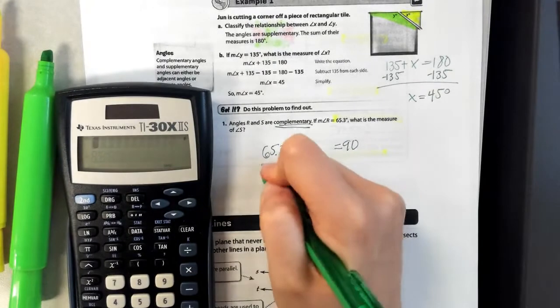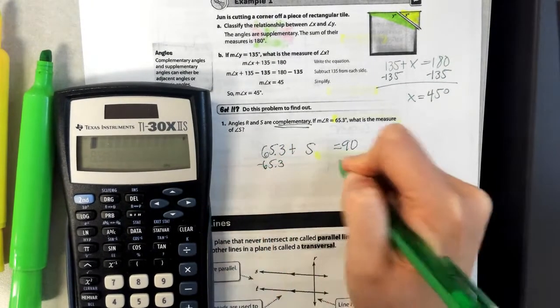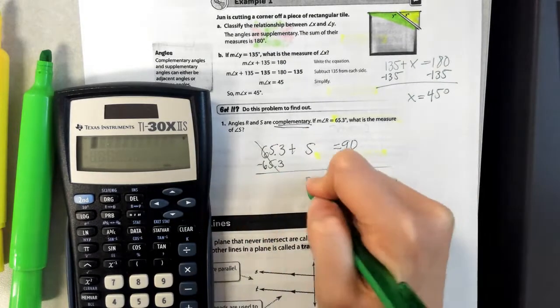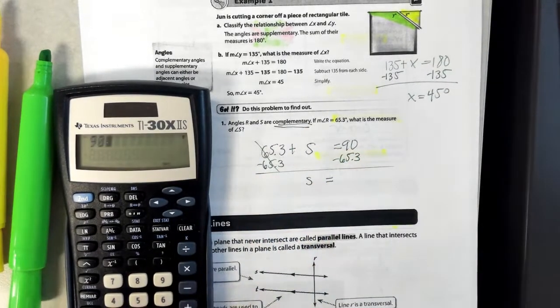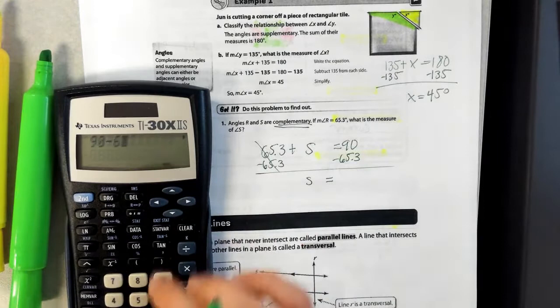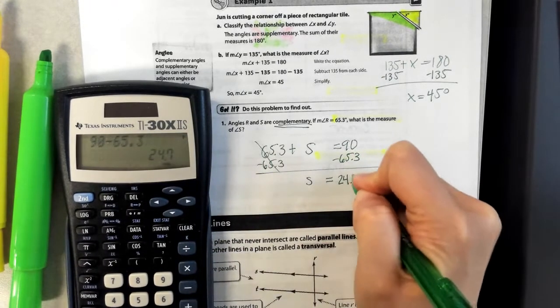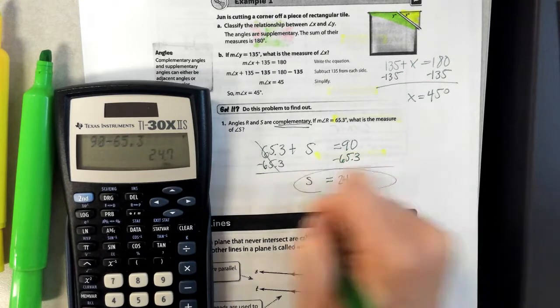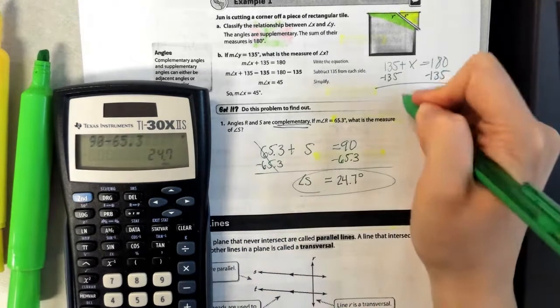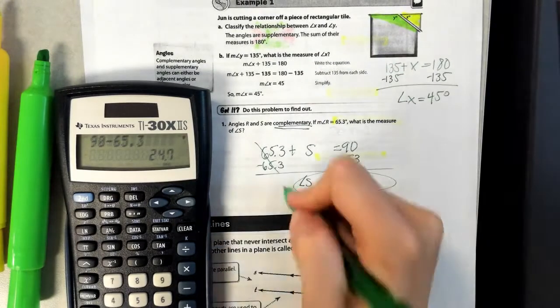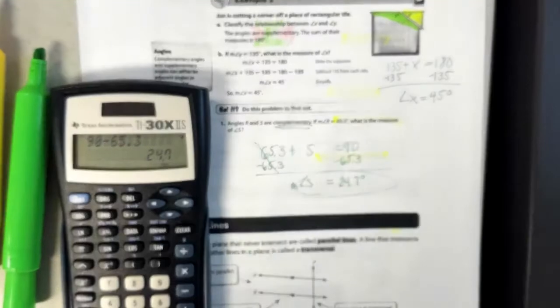We say subtract 65.3 on both sides, and S is equal to 24.7 degrees. So angle S is equal to 24.7. And to be more exact, that is the measure of angle S. Okay.